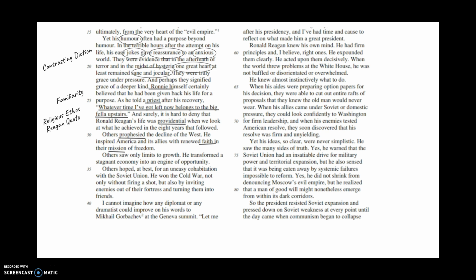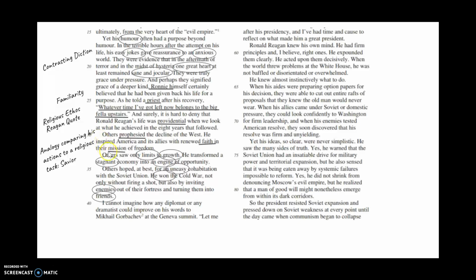And then we see this continued, this religious ethos, where she uses phrases such as providential, prophesied, faith, and mission. And so the analogy compares Ronald Reagan's actions to a religious task, where it makes Ronald Reagan seem like a savior to not only the American people, but to the world. And therefore, we see this religious ethos developed in this section.